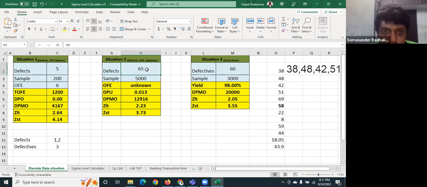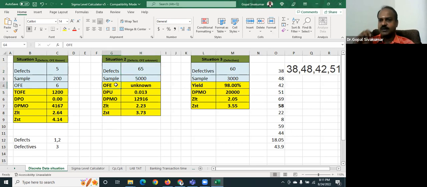So the information about the defect is available, but opportunities for defect is not declared. Not declared means it is considered as 1, or you can call it unknown. Unknown means the assumption is 1, and based on the assumption, ZLT, ZST, DPMO, DPU are all calculated.